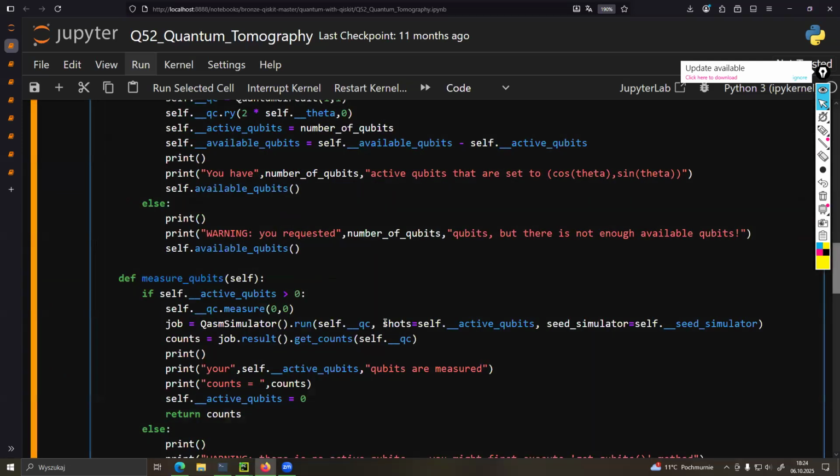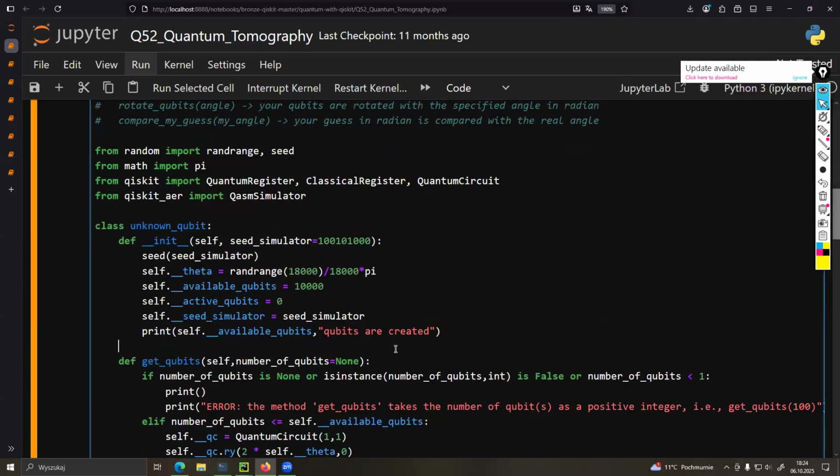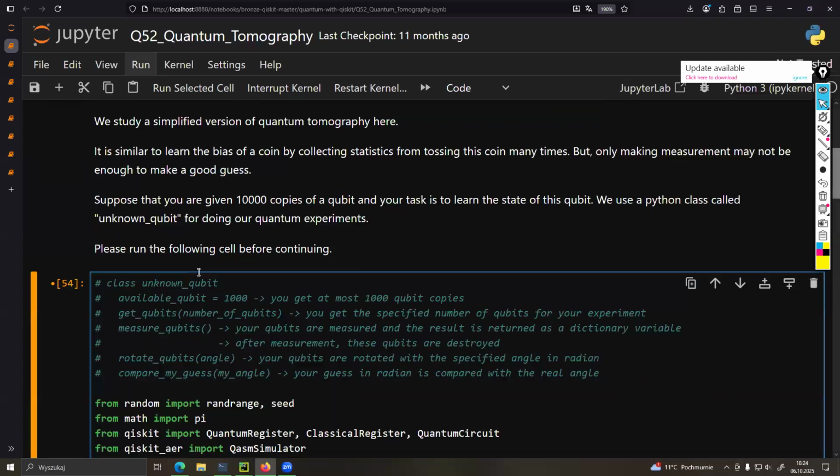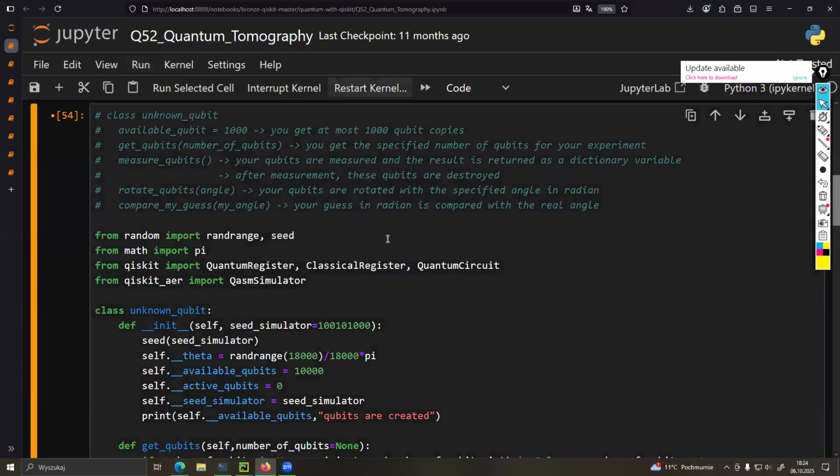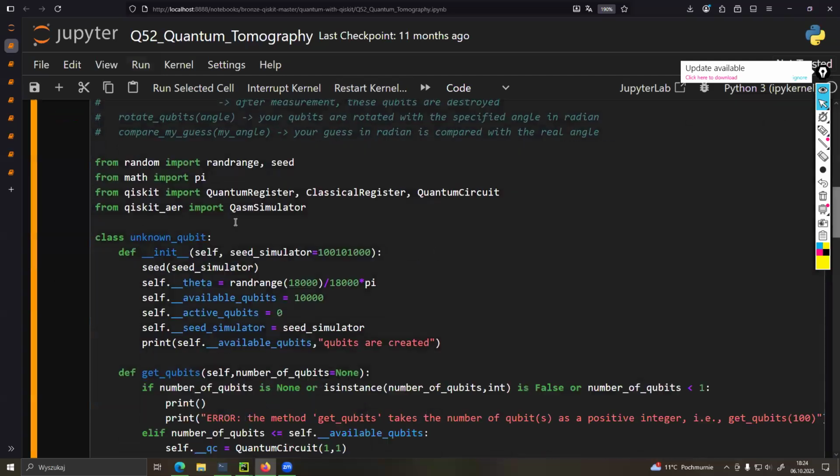You can verify that this is actually the case where there is shots equals self active qubits. So active qubits is the number of experiments that we now want to perform, proposed by us. This is how you would need to read this class that they make in this Q52.